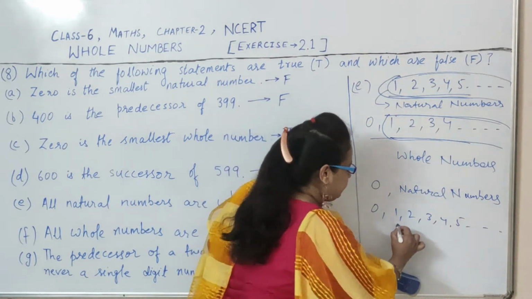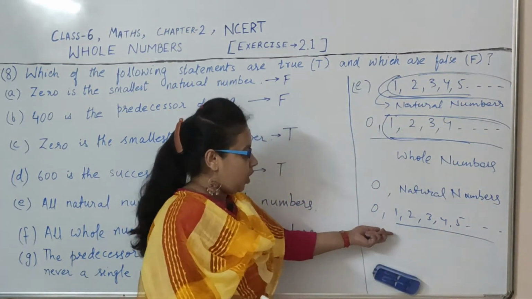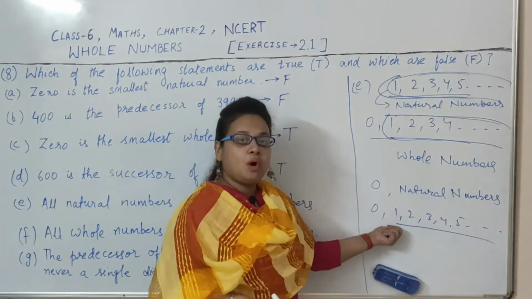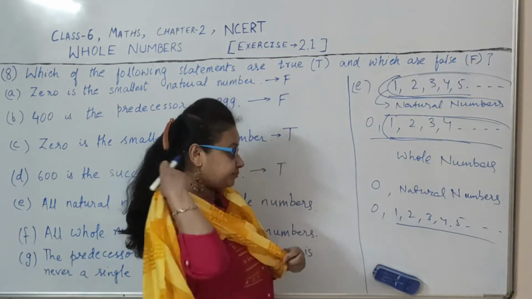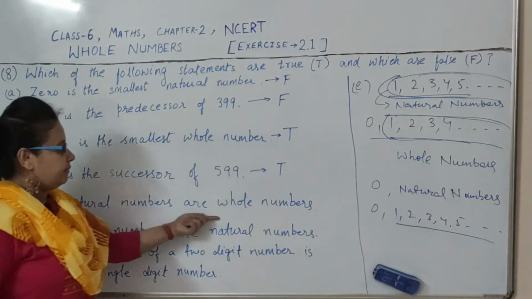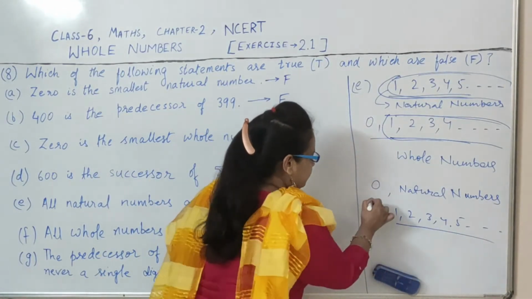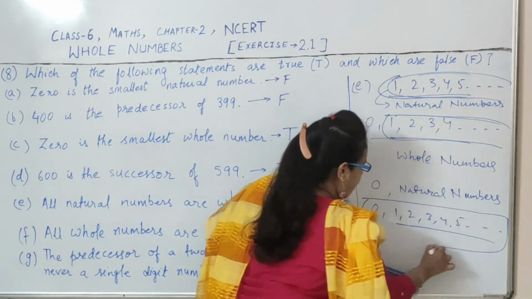All natural numbers, see, these all are the natural numbers which come in the whole numbers collection. It means all natural numbers are also whole numbers. So this statement is true. All natural numbers are whole numbers, because these all are natural numbers and these all are whole numbers.